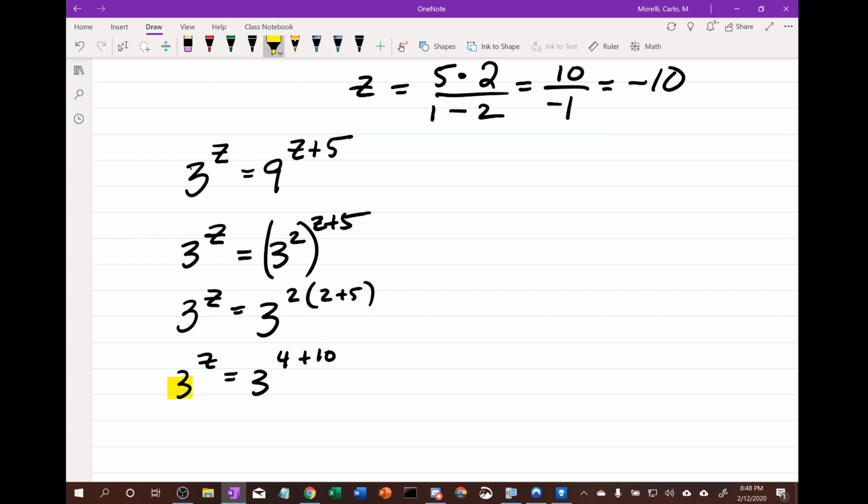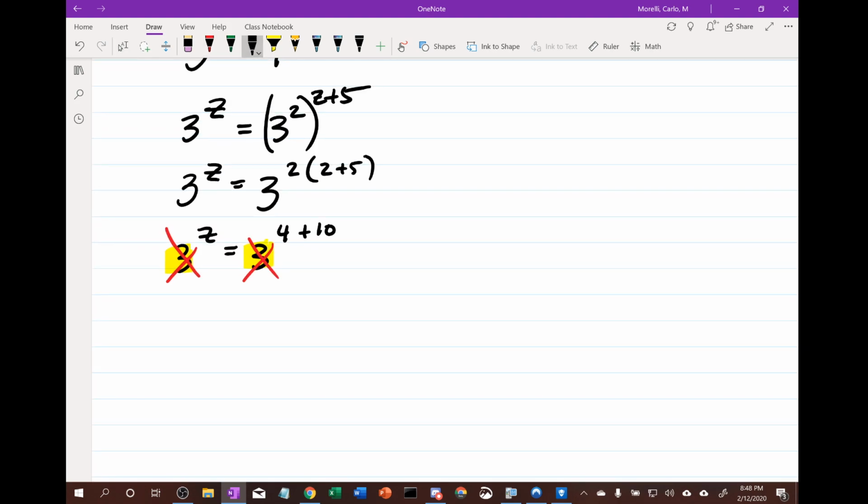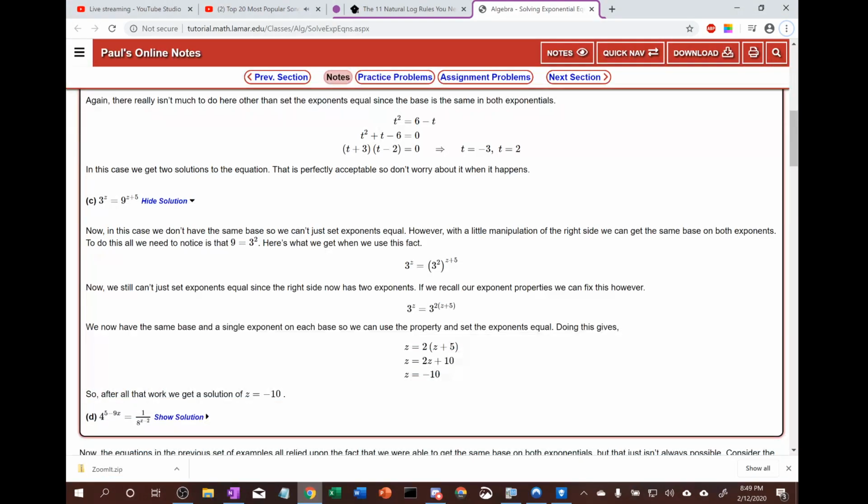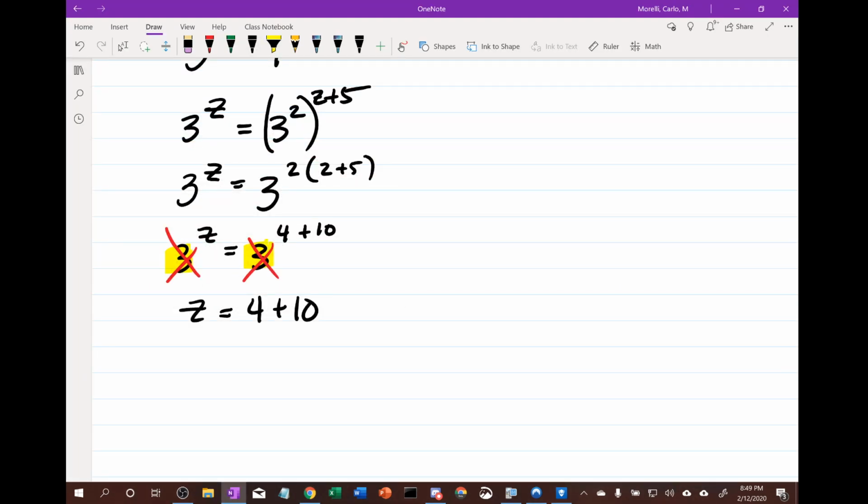Awesome. So now these bases are the same, which means we can just drop them entirely and write z equals 4 plus 10. That doesn't make any sense. That's not right. Hang on. Oh, no. You know what I did? I interpreted this as a 2. I'm a dumbo. That was 2z.